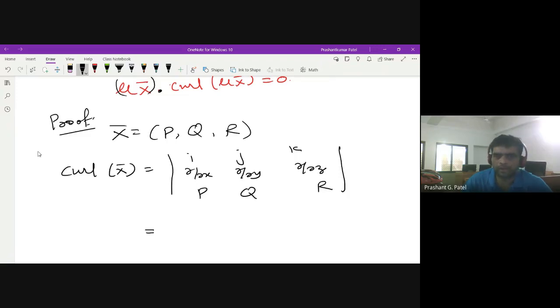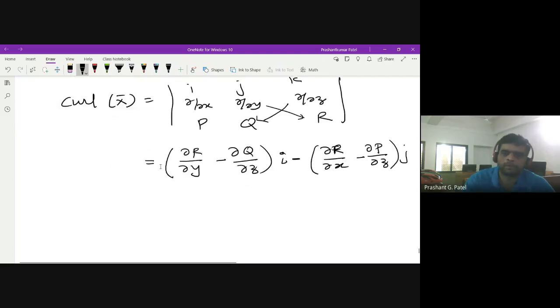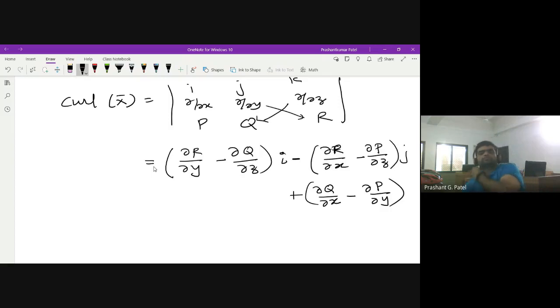If you expand this determinant, this gives me del R by del y minus del Q by del z, into i, minus del R by del x minus del P by del z, into j, plus del Q by del x minus del P by del y, into k.